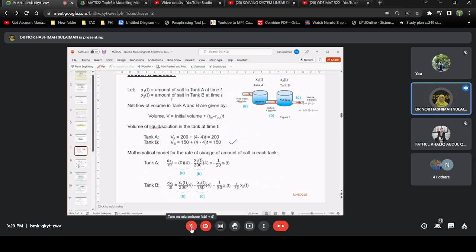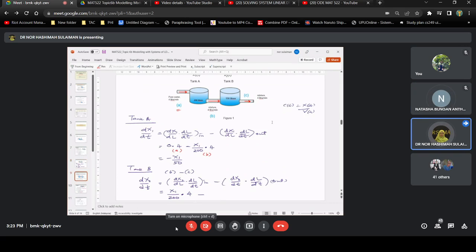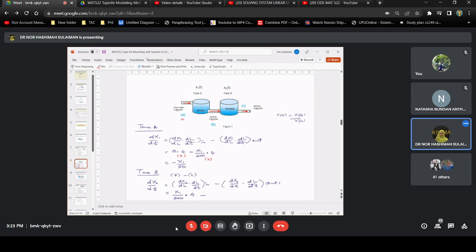Kita define X2 sebagai amount of salt in tank B at time T, betul tak? Betul. Okay, so kita akan dapat apa ni sebenarnya? X2 divided by berapa? Sebab yang keluar ni dia datang daripada sini. So X2 bahagikan berapa?